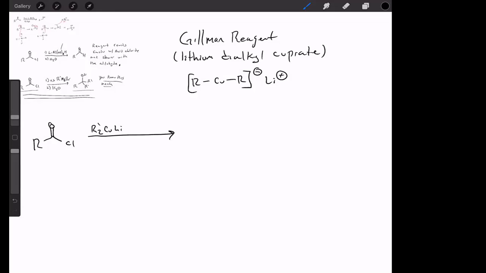It does react with carboxylic acid halides, and what it does is it adds the R group one time from the organometallic compound. Now, keep in mind, Grignard is also an organometallic compound, but it adds twice. This organometallic compound only adds one time.